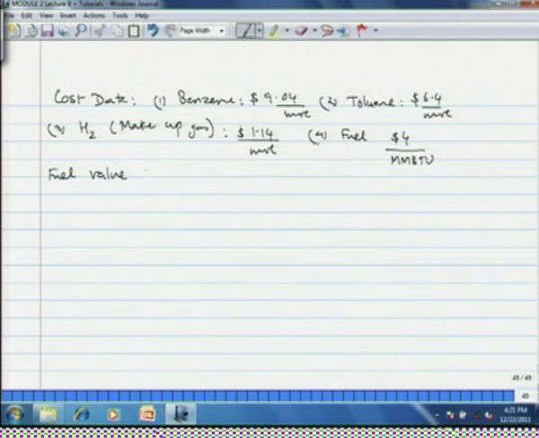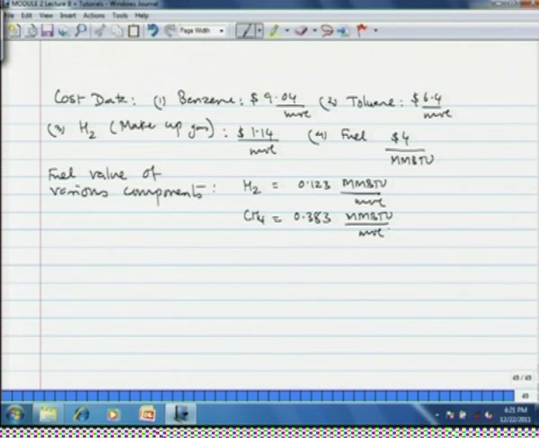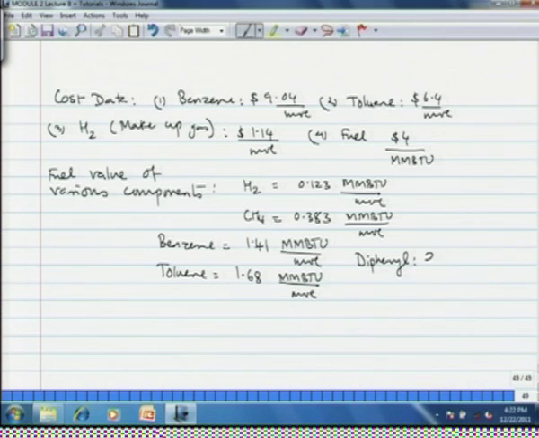The fuel values of various components are: hydrogen 0.123 million BTU per mole, then methane 0.383 MMBTU per mole, benzene 1.41 million BTU per mole, toluene 1.68 million BTU per mole, and diphenyl 2.688 million BTU per mole.